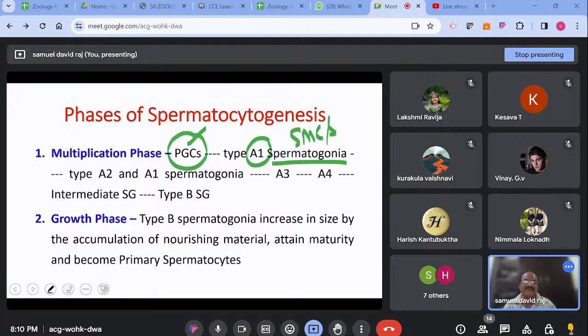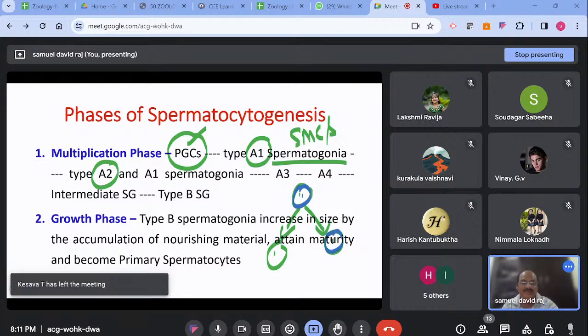And these type A1 spermatogonia divide mitotically again and increase in number to produce type A2 as well as type A1 again, so type A1 gives rise to type A1 cells as well as type A2 spermatogonia.